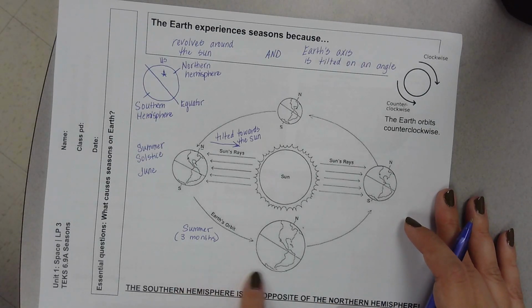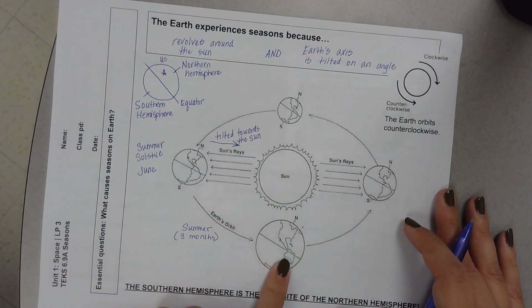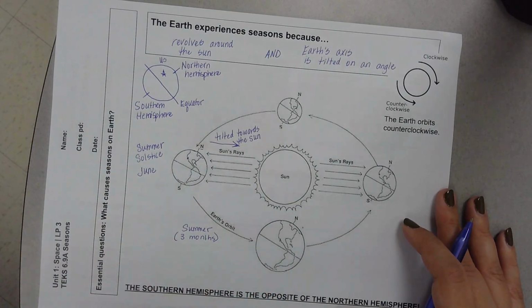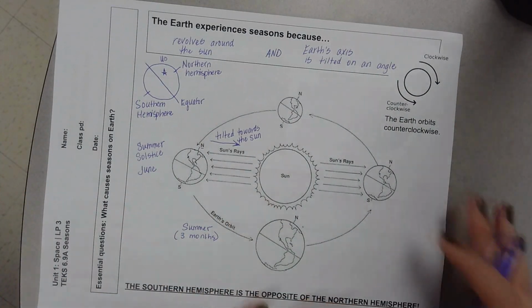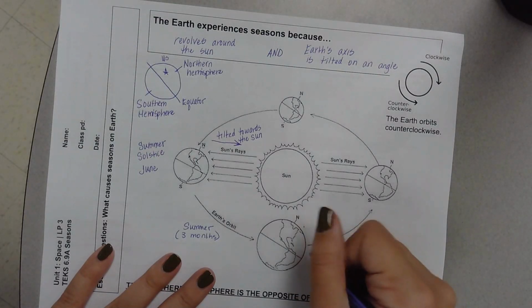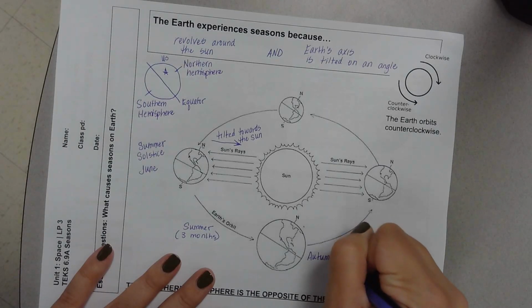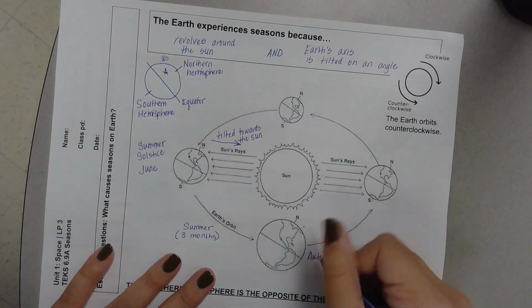As you get down here in the bottom, neither the northern nor the southern hemisphere are experiencing direct sunlight. What they're experiencing is a mixture of direct and indirect sunlight. This is something that we're going to call the autumnal or fall equinox.